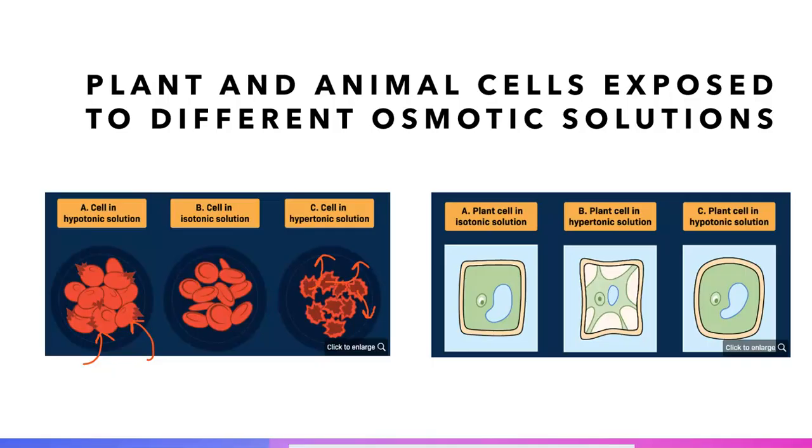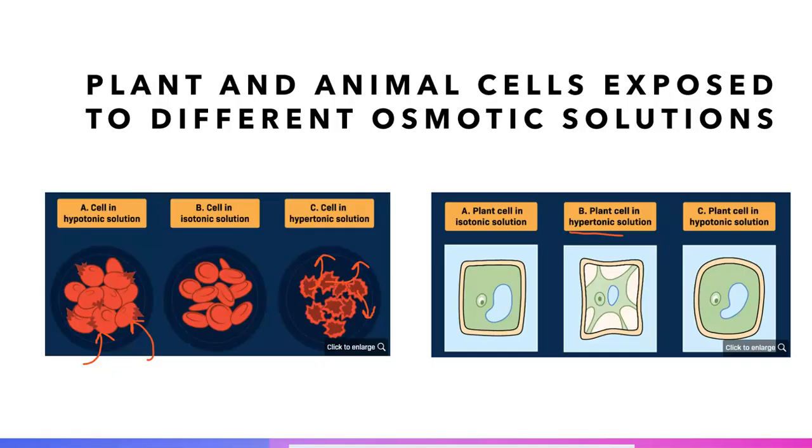Now, let's cross over to a plant cell. This cell here has a cell wall around it. Plants have a very rigid cell wall that helps to give them support. And inside here, we see the cytoplasm has pulled inward when a plant cell is placed in a hypertonic environment.